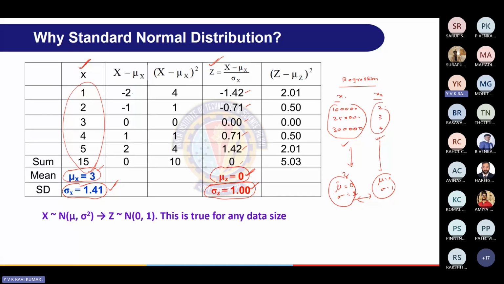I hope you might have done this standardization. Yes, sir. That's right, very good. So that is why we have to do it, putting everything into the same scale. Among many strategies, the most popular one is z-scores. That is this. Okay.